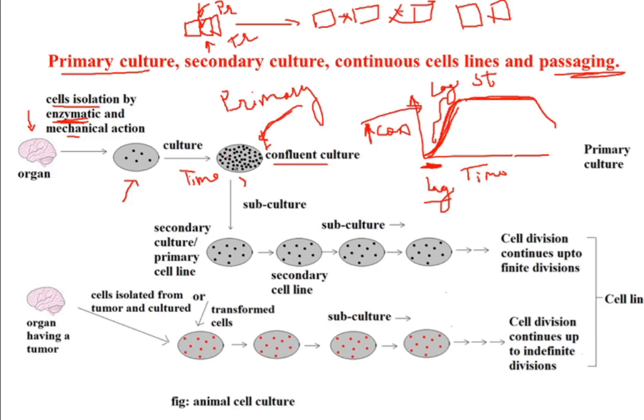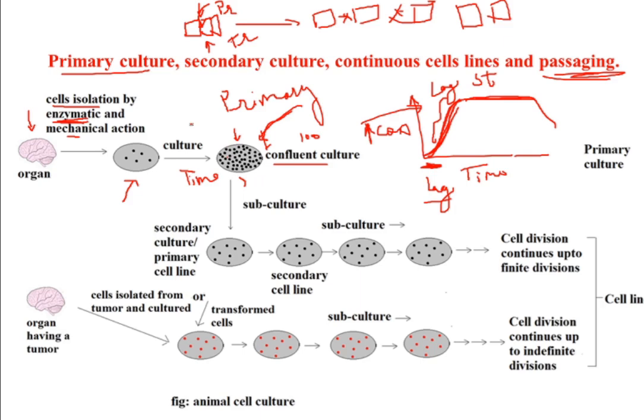Now, once the confluent layer is formed, you have to do a passaging. What we do in passaging is, at 100% confluency, the complete surface of this T25 flask is occupied by cells, and all the cells have a character called contact inhibition.